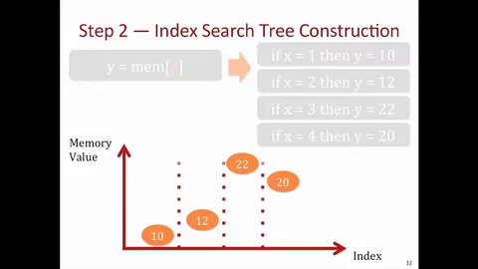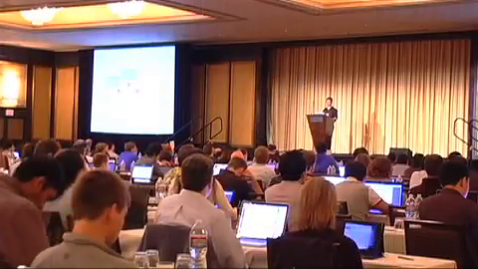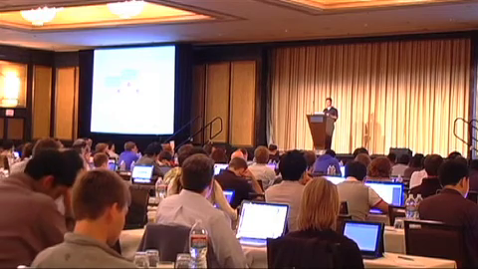And we can construct this binary search tree using if-then-else statements. The intuition here is that if we use binary search construction for representing memory values, then we can associate memory index with memory values.